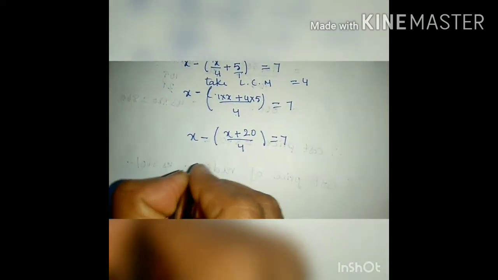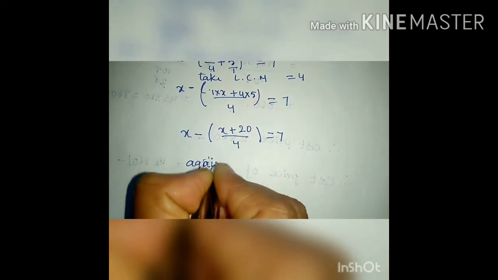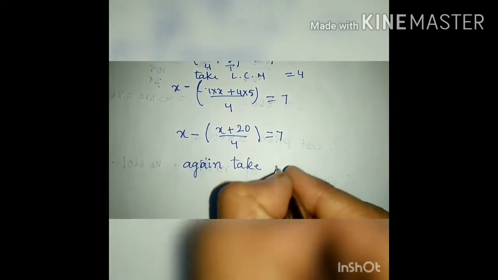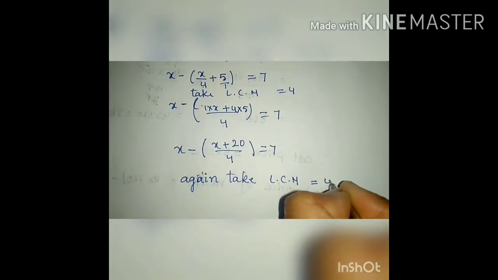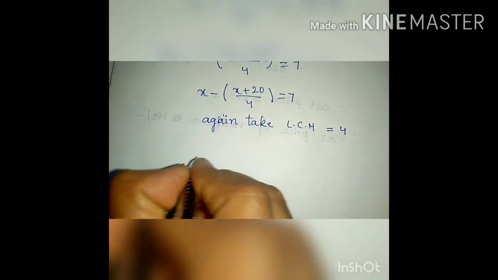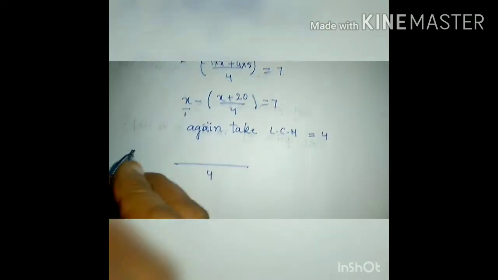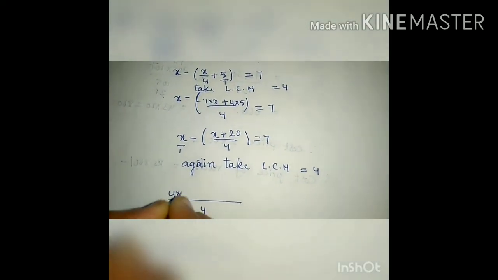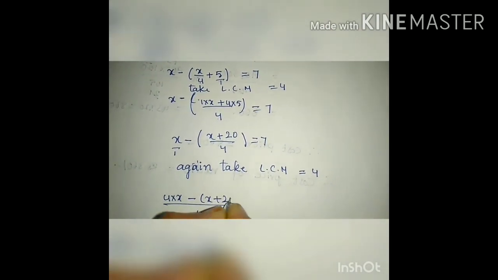Again take the LCM equal to 4. So 4 into x, 4x minus x plus 20 equal to 7.